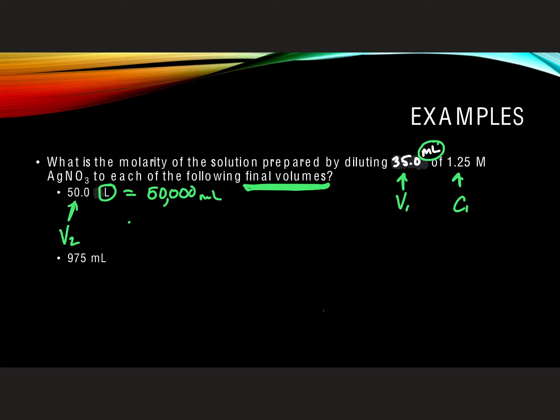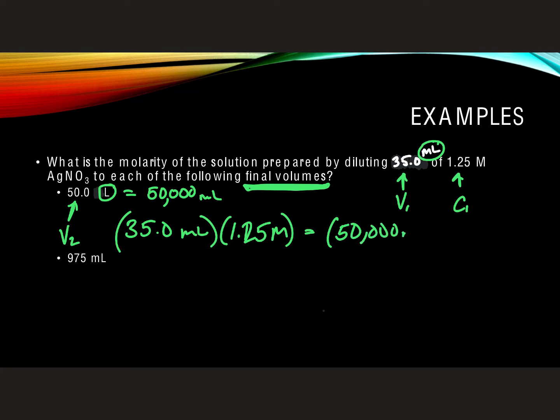So I'm going to take the 35 milliliters, that's times the initial concentration, which is 1.25. That's equal to the new volume of 50,000 milliliters times the new concentration, which is what I'm trying to calculate. So to solve for that new concentration, I'm going to divide by 50,000 on both sides.